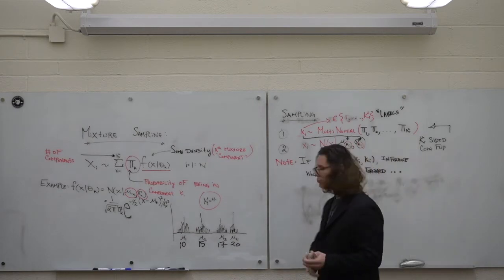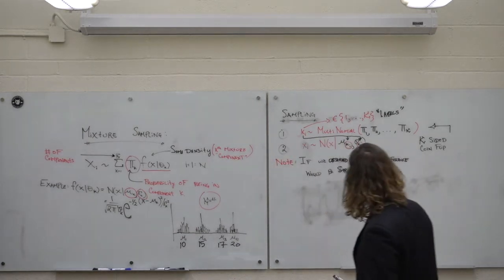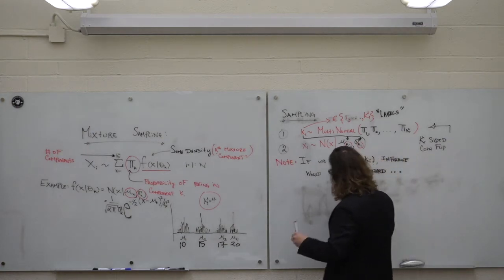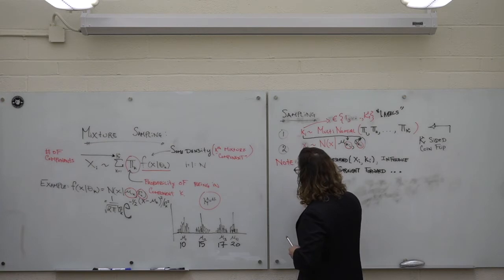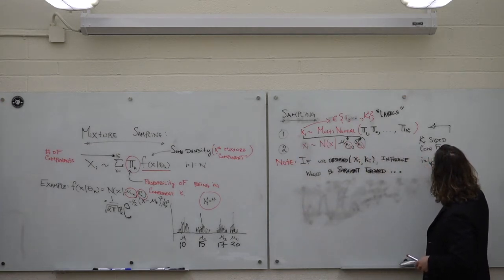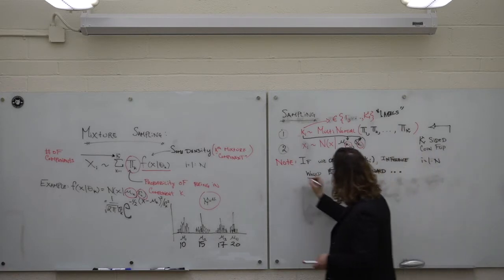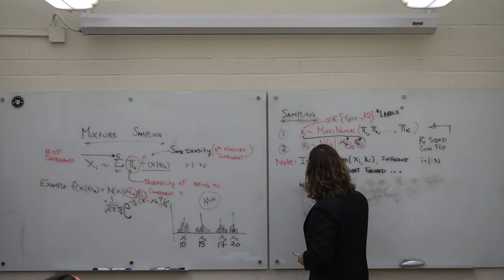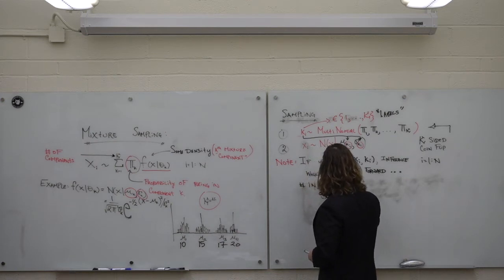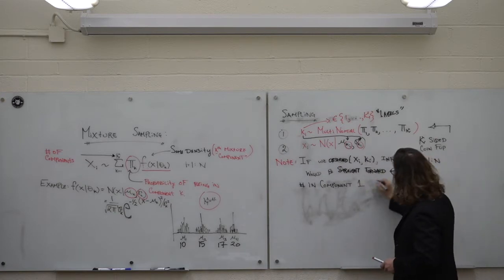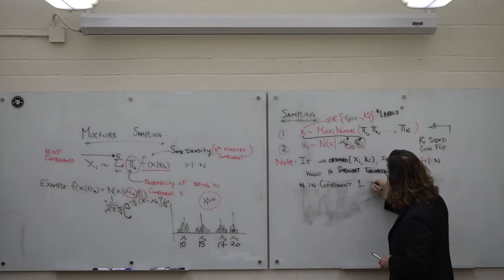We'll make do. So if I did get to see the ki's, so let's say I ended up knowing how many of these things, after I sample, i goes from 1 to n times, I repeat this process. Let's say the number in component 1 was something like, I'm just going to call it n1.